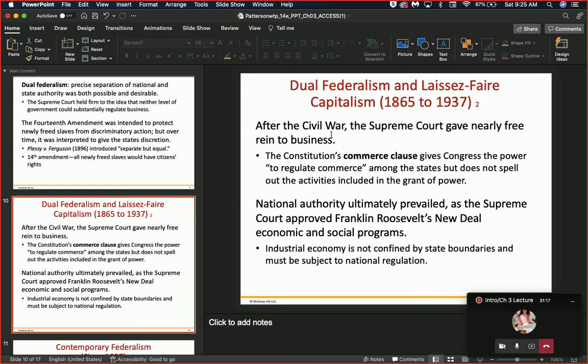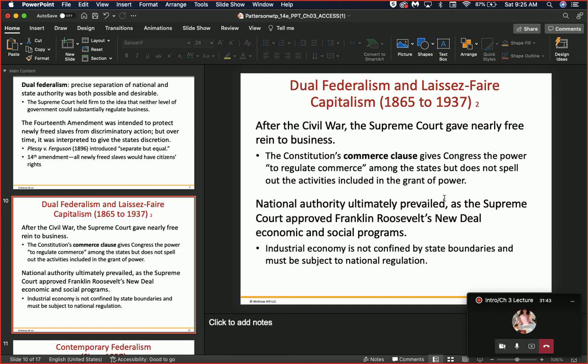So after the Civil War, the Supreme Court gave nearly free rein to business. Okay, so the Constitution's Commerce Clause, meaning things having to do with trade, things having to do with business, so on and so forth, gives Congress the power to regulate commerce, meaning regulating trade among the states, but does not spell out activities included in the grants of power.